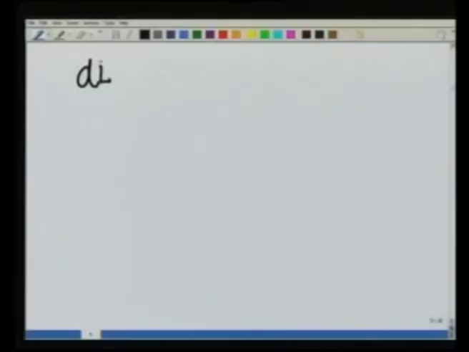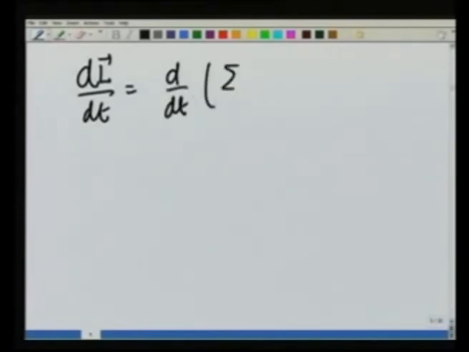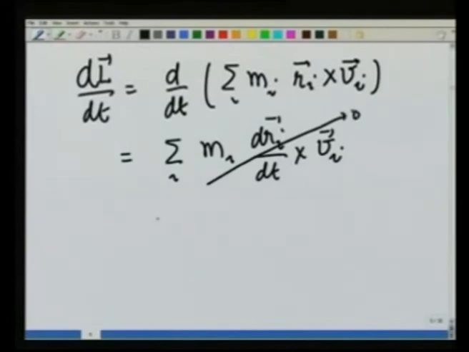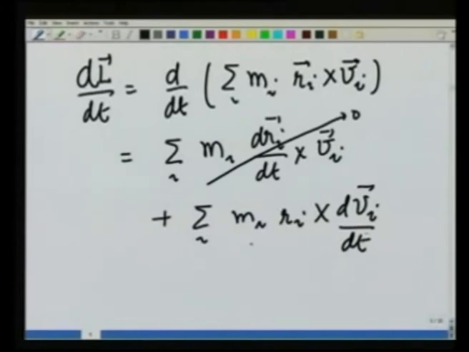A similar derivation now we are going to do for the angular momentum, and let us write this as d/dt of summation over i of m_i r_i cross v_i, which gives me summation over i m_i dr_i/dt cross v_i, this being the velocity, this cross product is 0, plus summation over i m_i r_i cross dv_i/dt. m_i times this acceleration dv_i/dt is nothing but the force on the ith particle.